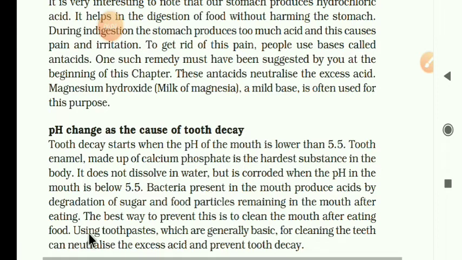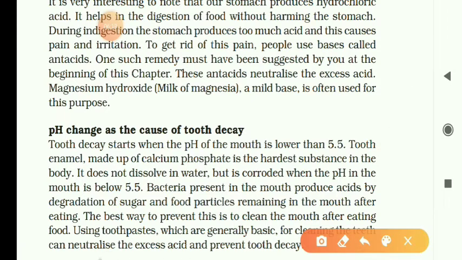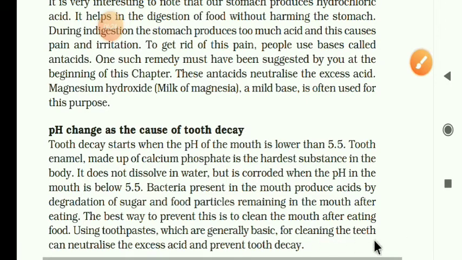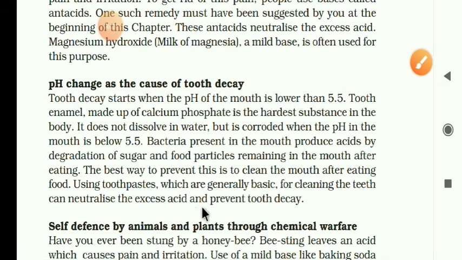So what you have to do? You have to go for cleaning, generally by using toothpaste, which generally contains bases. So cleaning the teeth can neutralize the excess acid and prevent tooth decay.